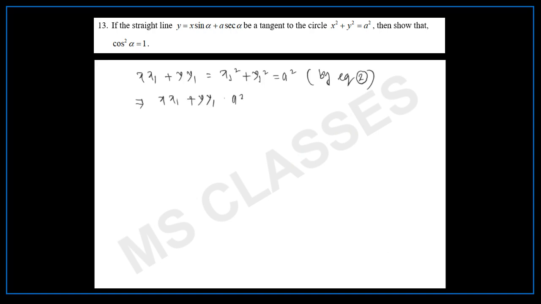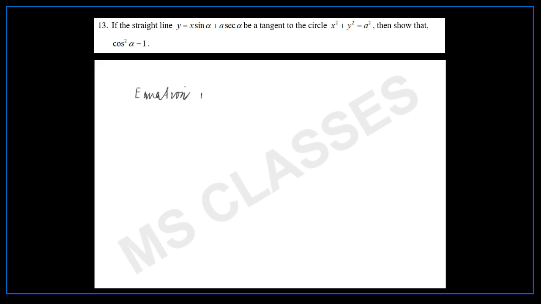Now this is also in accordance with the shortcut, that is x square can be treated as x x1, y square can be treated as y y1, equal to a square. Now this equation, which I have represented by 3, and equation 1 should be identical.